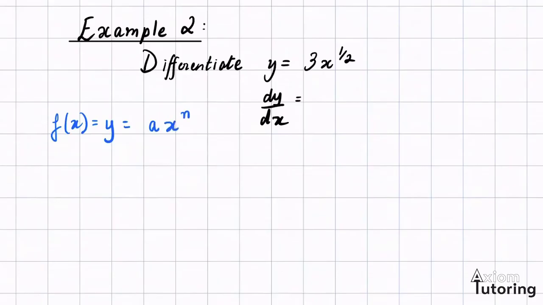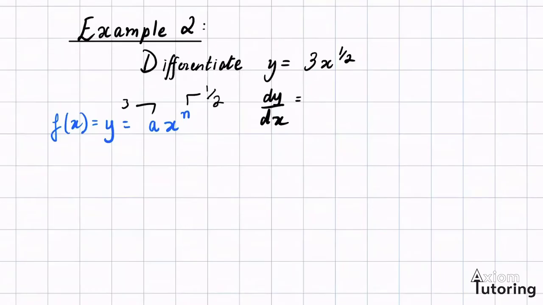That's the form that this is in, where a is 3 and our value of n is a half. So it's a fraction, but we work with it in the exact same way.